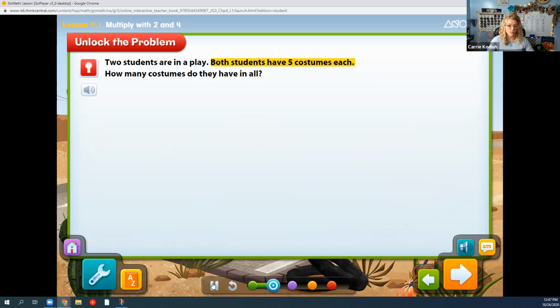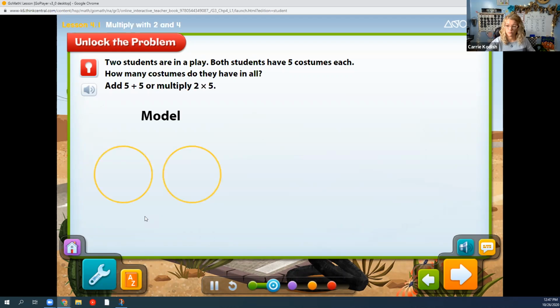Let's watch what they do. Both have 5 costumes. How can you find the total number of costumes the 2 students have? You can add 5 plus 5 or multiply 2 times 5. Multiplying when there are 2 equal groups is like adding doubles. To find the product of 2 times 5, you can make a model.